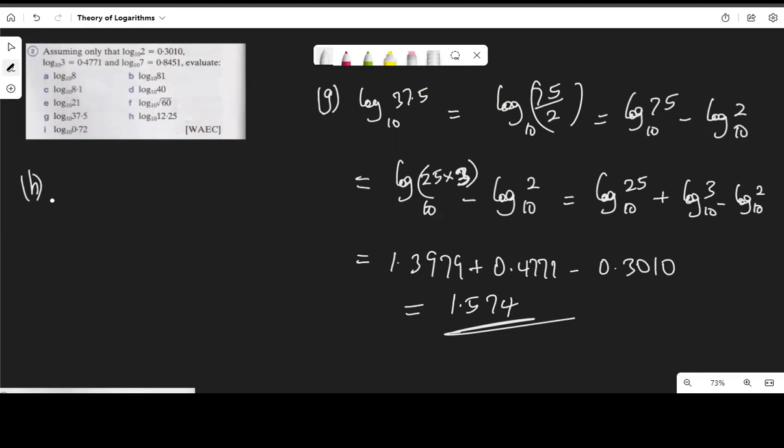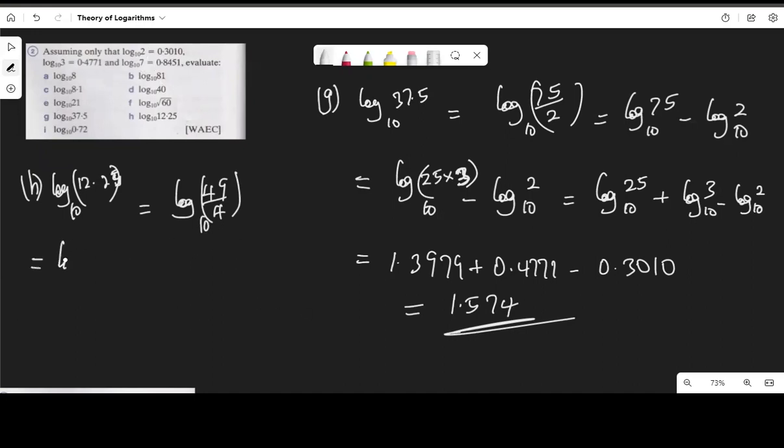For question H, we have log 12.25 to base 10. Now 12.25 multiplied by 4 gives me 49, so I can write this as log of 49 divided by 4 to base 10. Why am I doing that? I want to have a combination of 2 and 7. 49 divided by 4 just gives us 12.25.